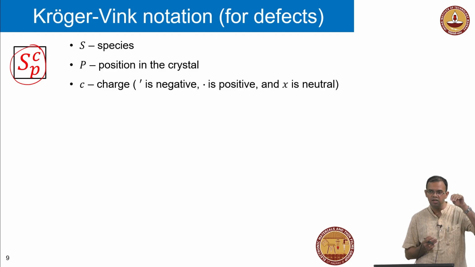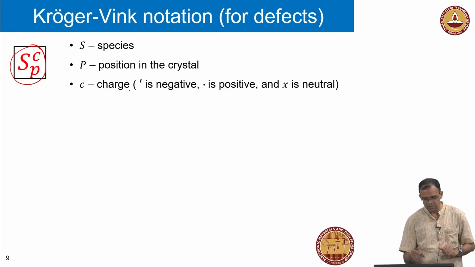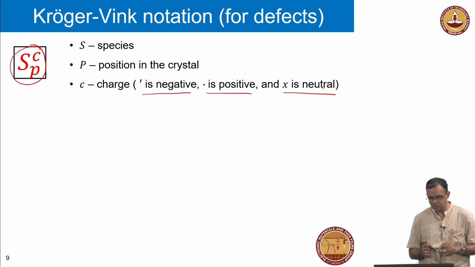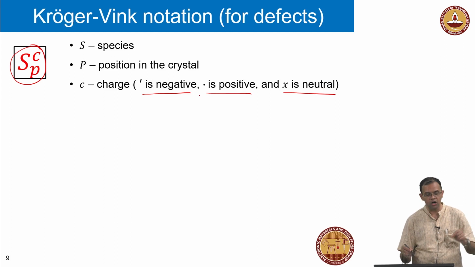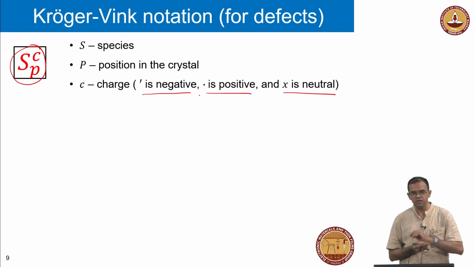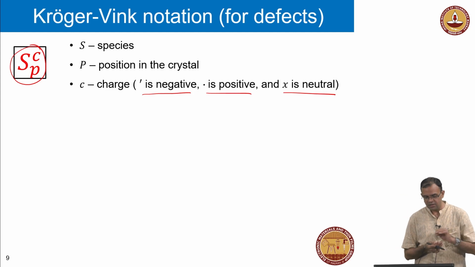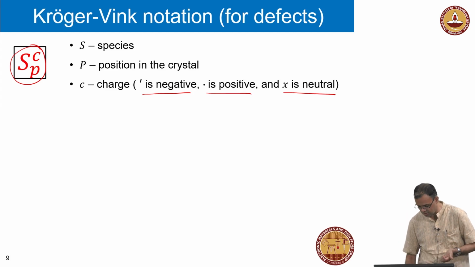So S, P is the subscript and C is the superscript. Depending upon whether the defect is negative, positive or neutral, we have different notations. So you have a hash, you have a dot, or you usually denote as X. Some books will have some minor changes maybe for the neutral position, but usually this is the accepted convention.